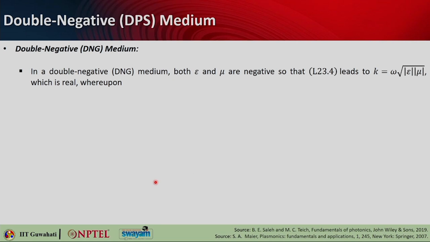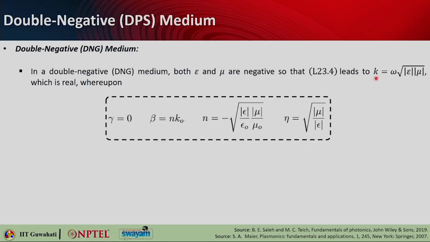From that, we move on to the next category, which is the double negative medium. You know that the permittivity and permeability, epsilon and mu, are both negative. So let us see what happens to k. The k depends on omega times the square root of modulus epsilon times modulus mu. Even if both are negative, because of the modulus, k is real.